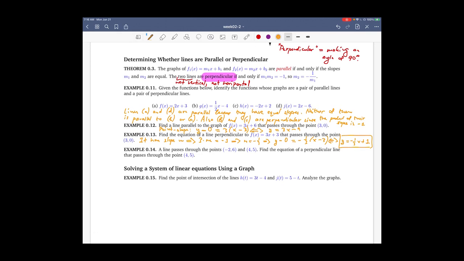Okay, in the next example, we have a line that passes through the points negative 2, 6 and 4, 5. We need to find the equation of a line perpendicular to that line passing through the point 4, 5. Let us first of all find the slope of the given line.